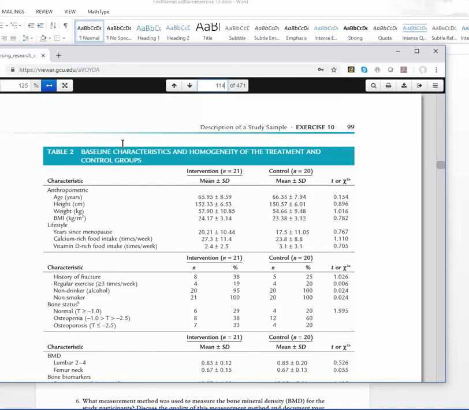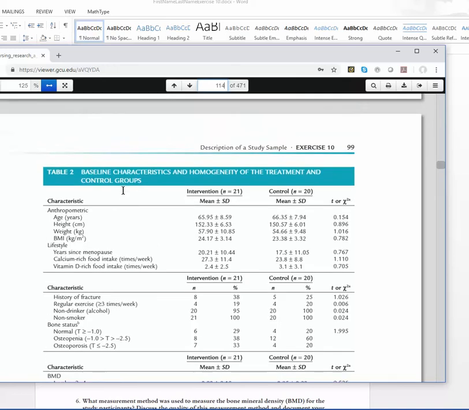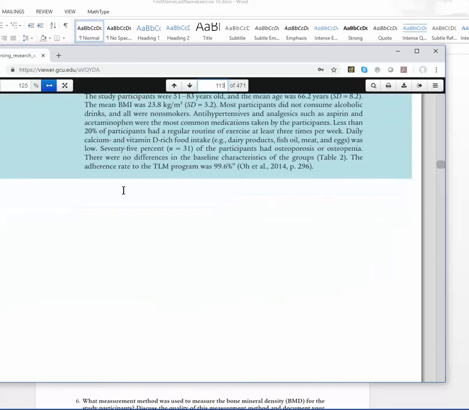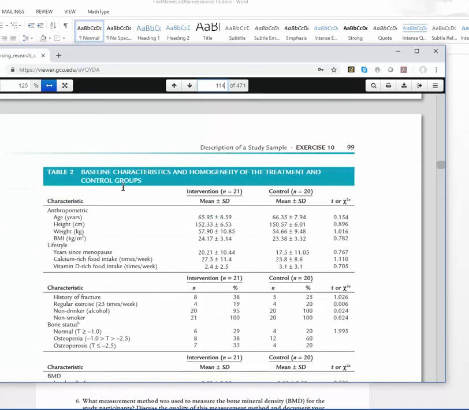and here's the table from exercise 10. Remember, answers will come out of all these different places. But in exercise 10, it gives you the baseline characteristics of various treatment and control groups. So the numbers here are the mean, or the numerical average, and then the standard deviation. Over here the test statistic is given.